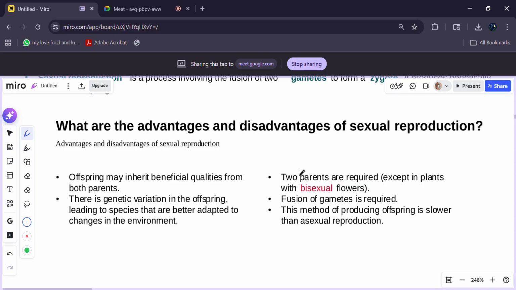It's not as fast as asexual. You need two different plants to sexually reproduce. But in asexual, you only use one plant. And this method of producing offspring is slower than asexual reproduction. This is true. This method is a bit slower because it requires two parents.